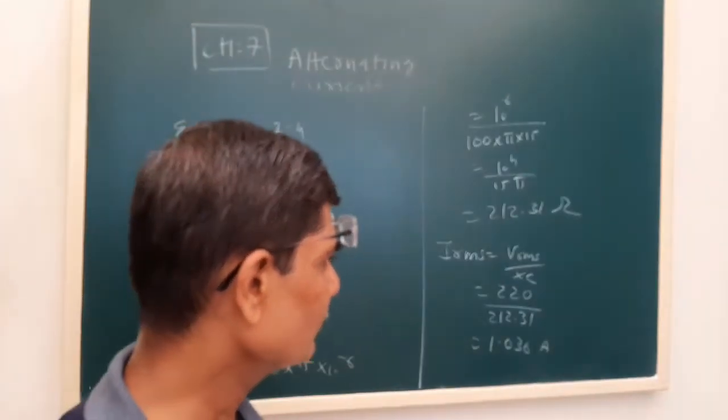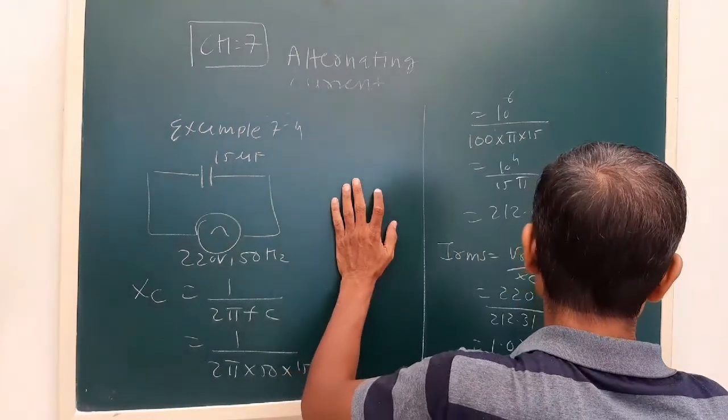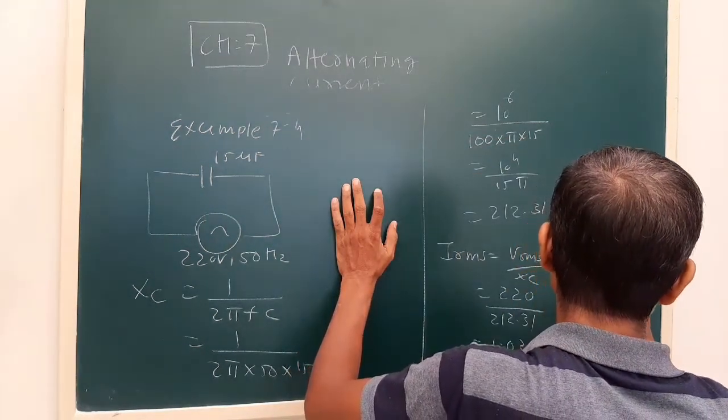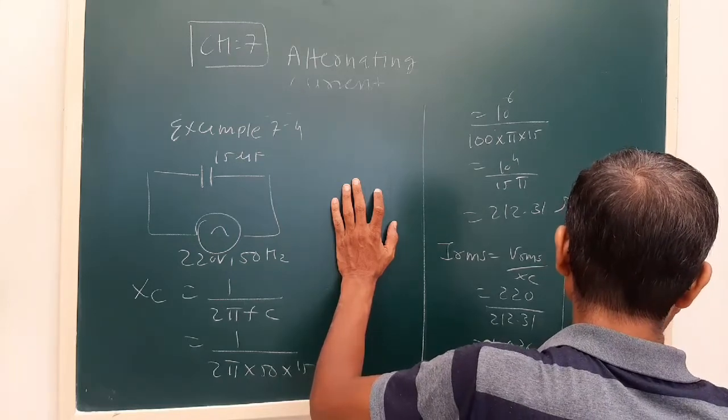IRMS is VRMS upon the capacitive reactance XC. So this is about the example. Here we have to obtain the maximum current also. IM will be root 2 IRMS, root 2 into 1.036.